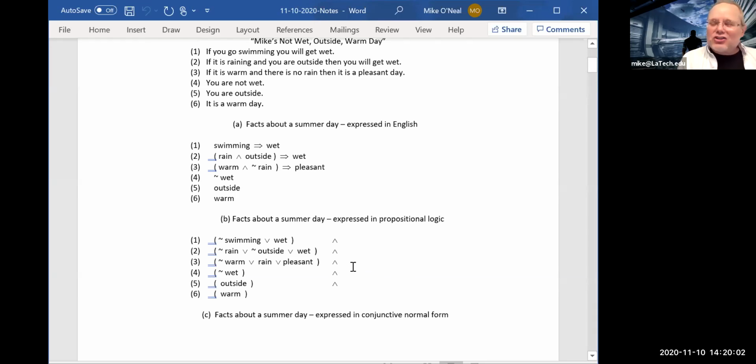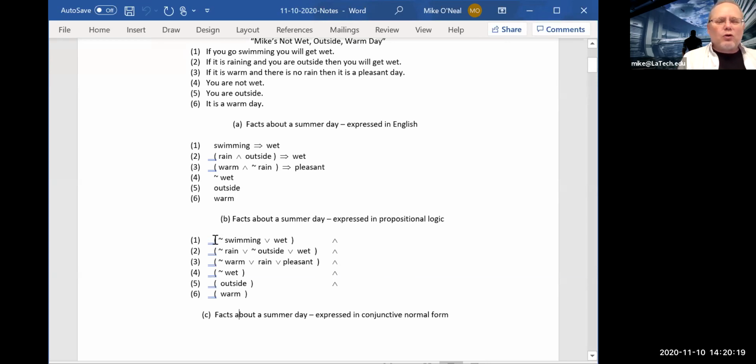An and is a conjunction. So when you say conjunctive normal form, what you're saying is that you have all of these expressions and they're all conjoined together, all anded together.